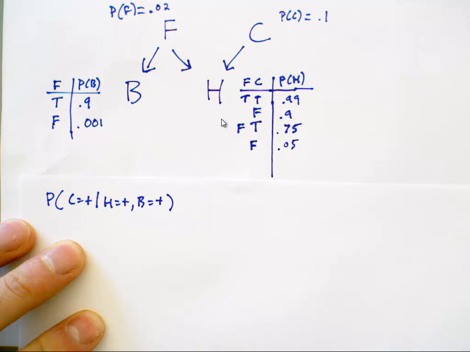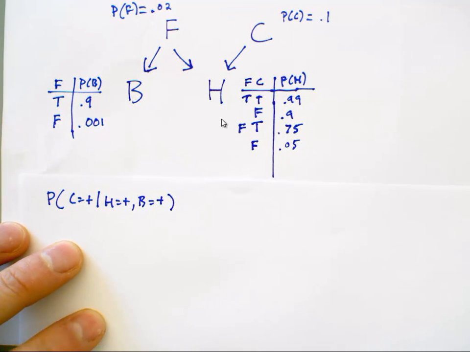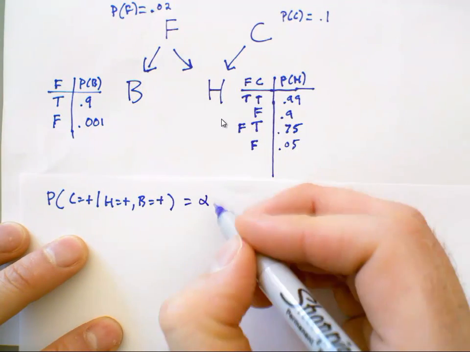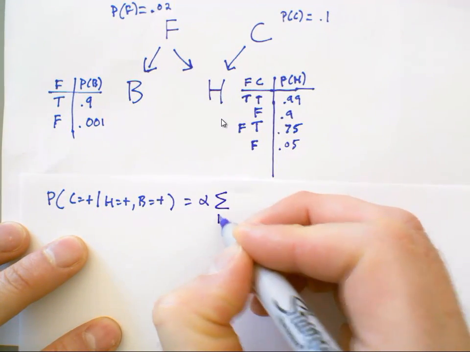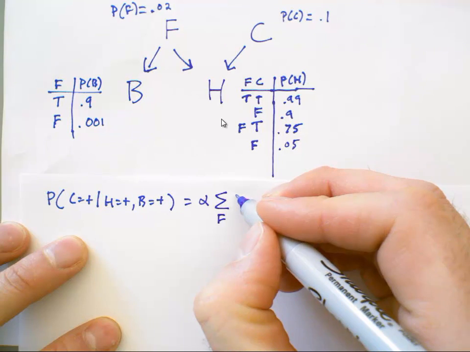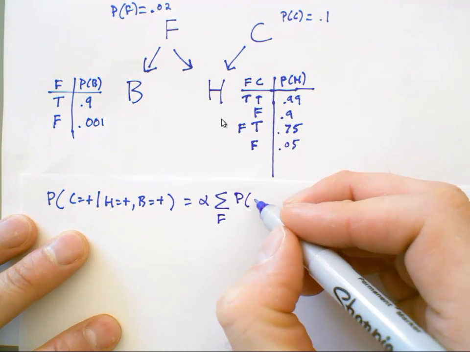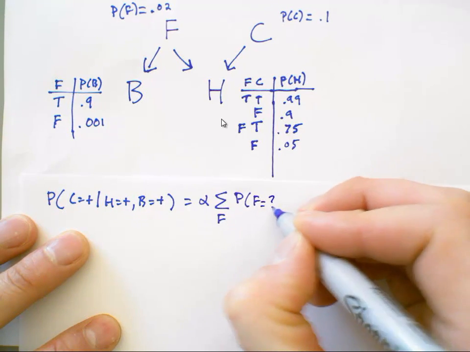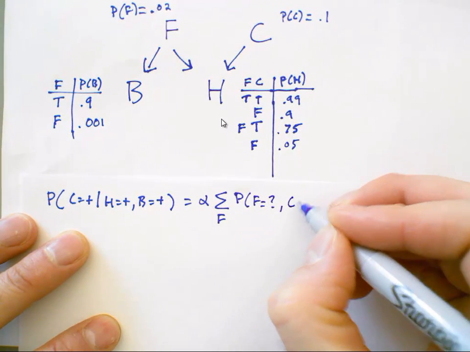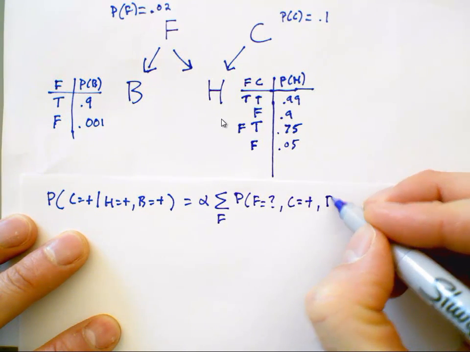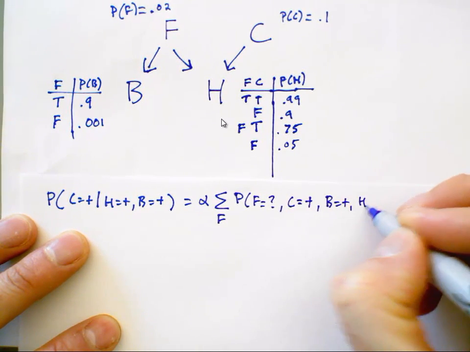Okay, it's a different problem. All right. Let's see if we can do this. We're going to have to sum out over F, the probability of F equals whatever it is in the sum, and C equals true, and B equals true, and H equals true.